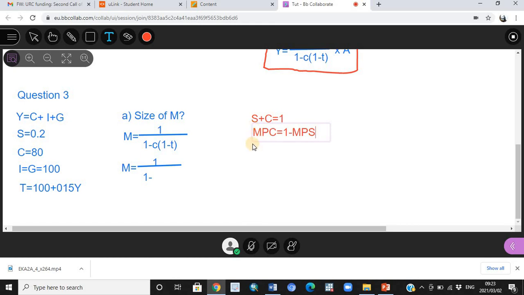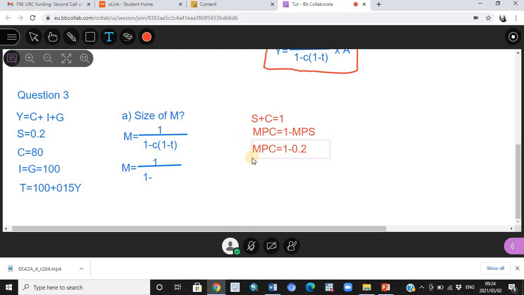Okay, so here our MPC is going to be equal to 1 minus, we already have here the marginal propensity to save, which can be denoted as S, 0.2.